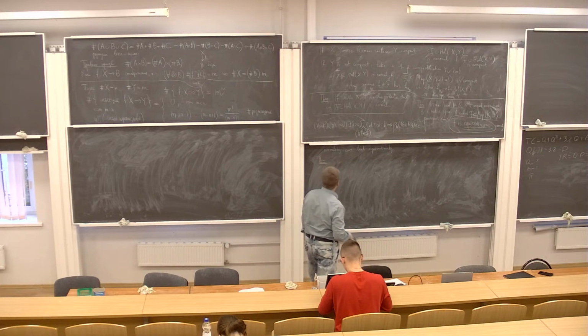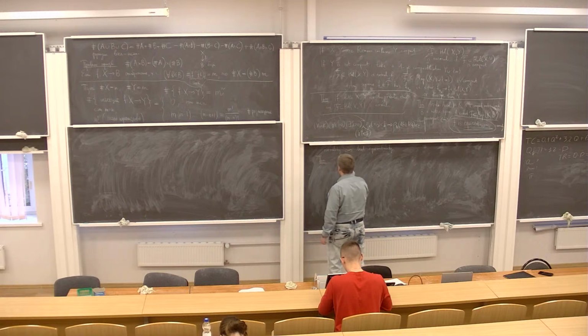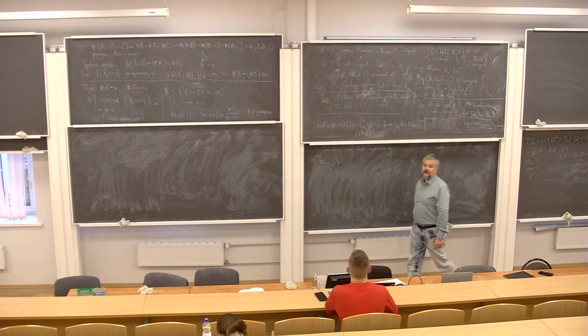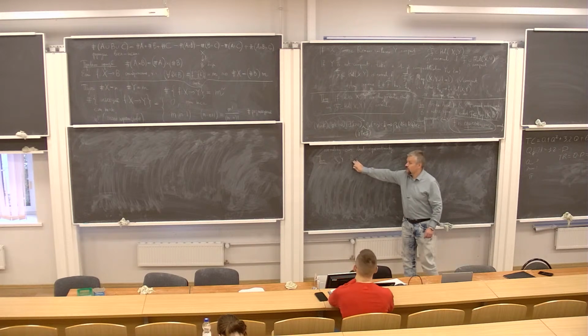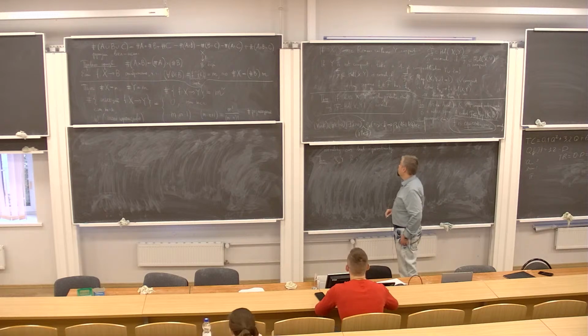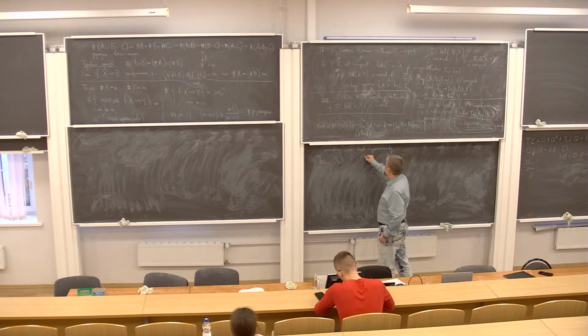Suppose we have, so I will not always write that X and Y are Riemann surfaces. Let me write it like that, as an abbreviation. X and Y are Riemann surfaces, and suppose that Y is hyperbolic.